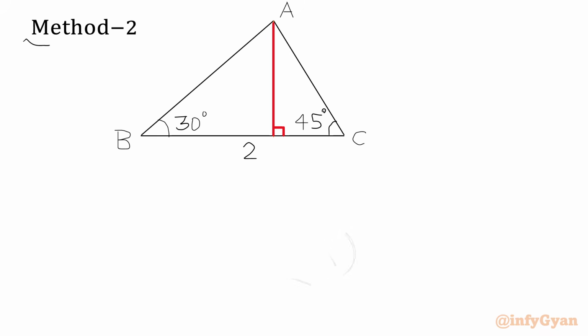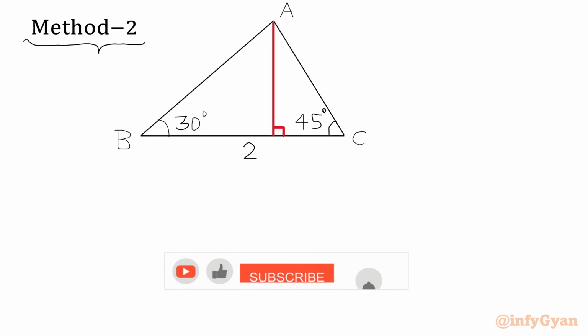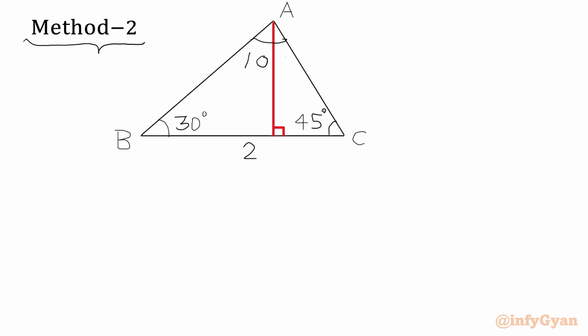Now we will take up the second method, or method number 2. Angle B is 30, angle C is 45, so angle A will be equal to 105 degrees. Now we will find sine 105 degrees, which will be equal to sine (60 plus 45).